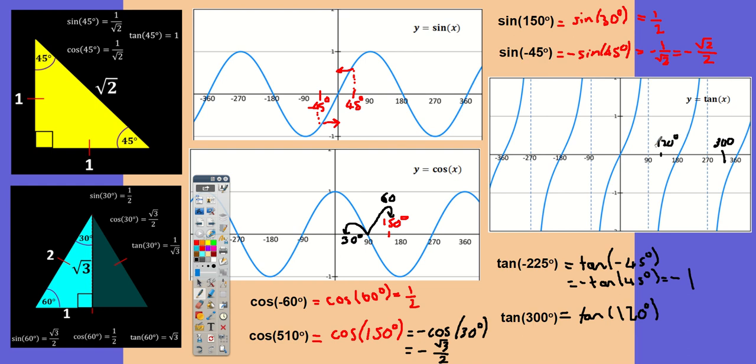Now you can try and reflect across this asymptote here if you want to, or what I might do as well is go back to the negative acute angles. So I'm going to do this one more time. I'm going to go to tan of minus 60 with another 180 degrees. That puts me in there.